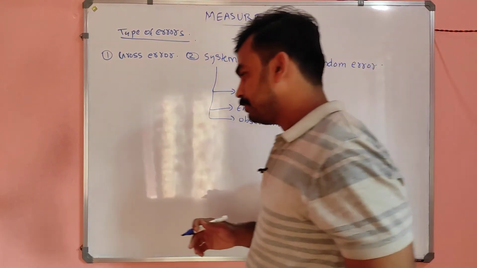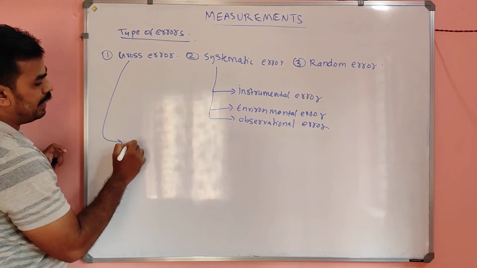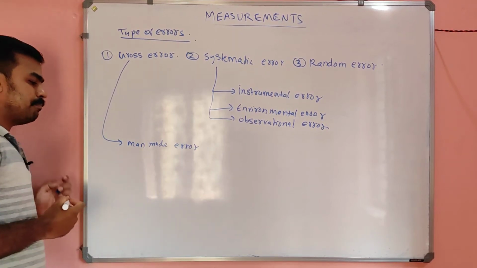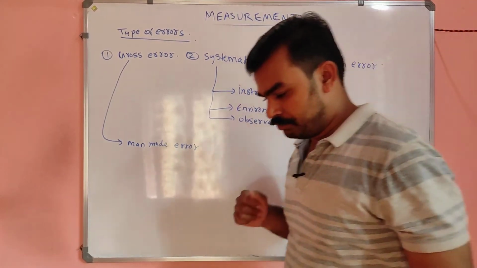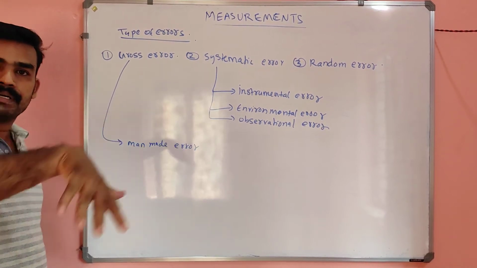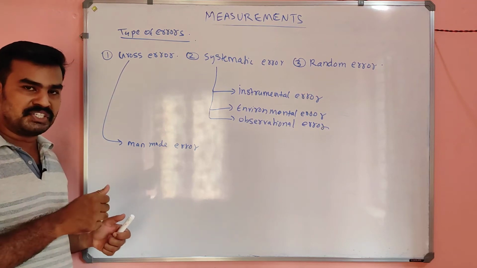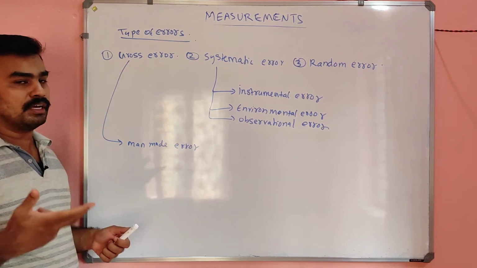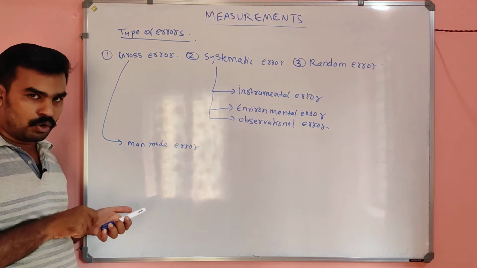Gross error means it's a man-made error. Suppose in your laboratory, 5 persons are there, and one person is adjusting the machine, one is taking the reading and saying it aloud, and one is noting the reading.